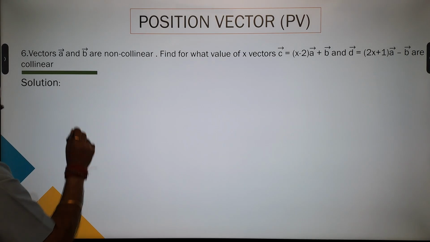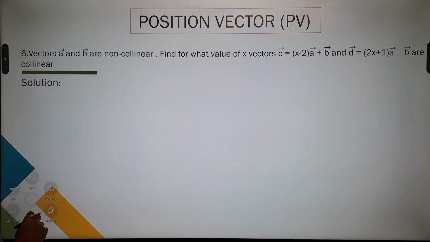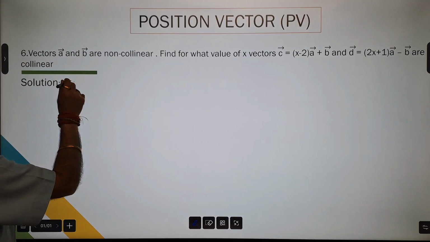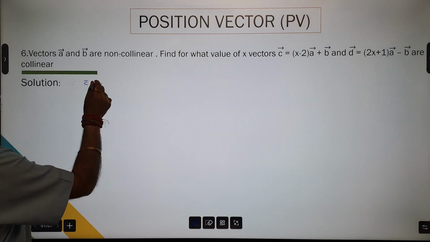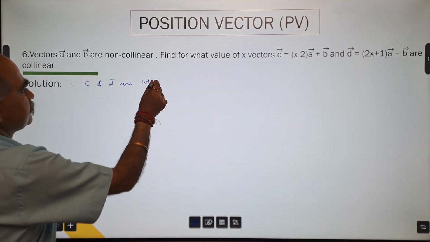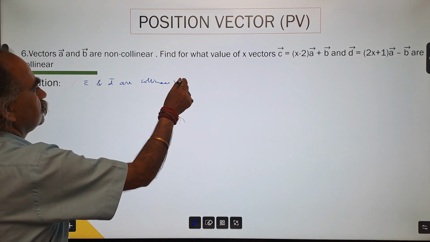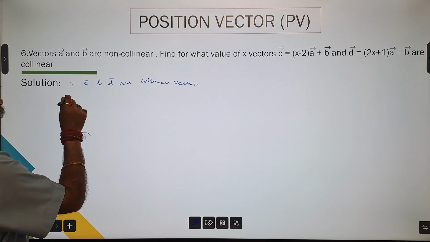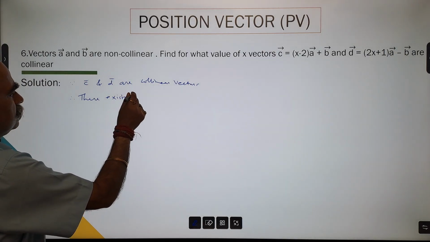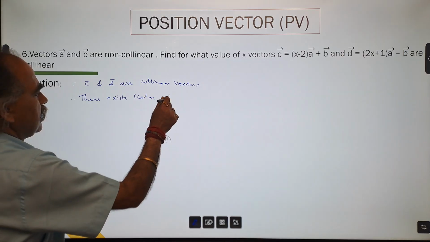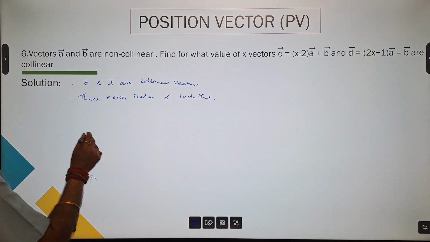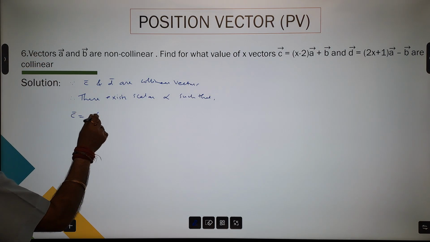Since c bar and d bar are collinear vectors, therefore there exists a scalar alpha such that c bar is alpha times d bar.